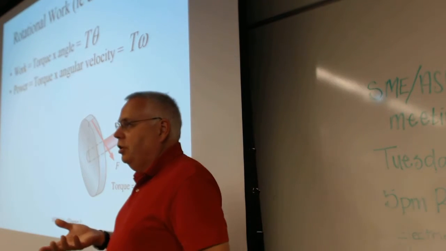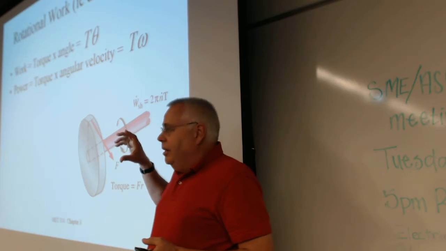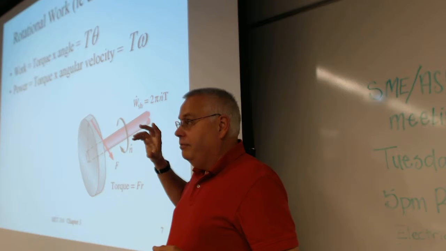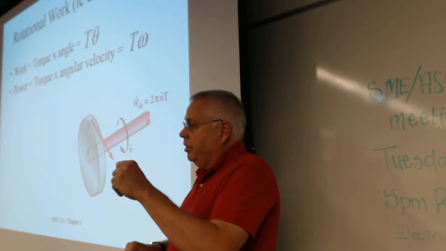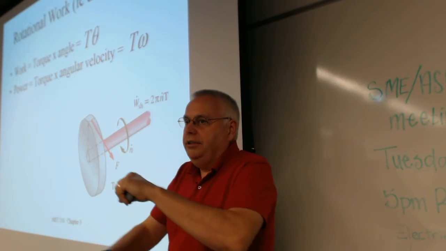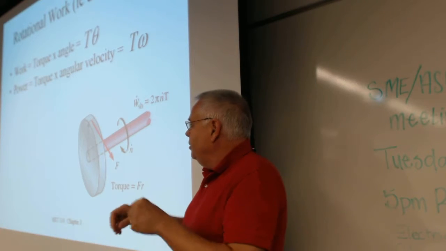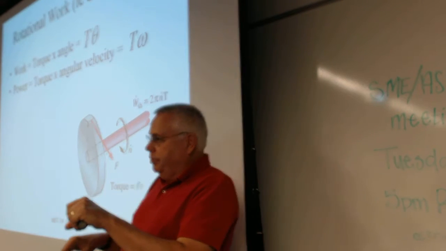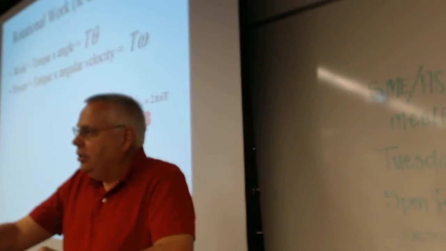Another way you can do work and power, and this is what makes your car go down the road, or your bicycle, same deal. The amount of work you do is the torque times the crank angle, essentially. So on your bicycle, how much work you do is the force times your crank.